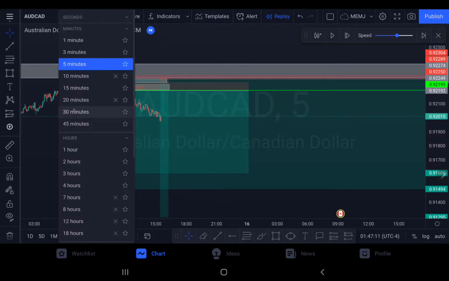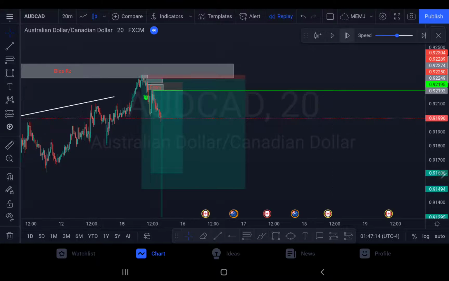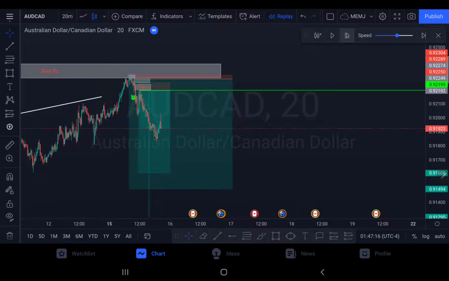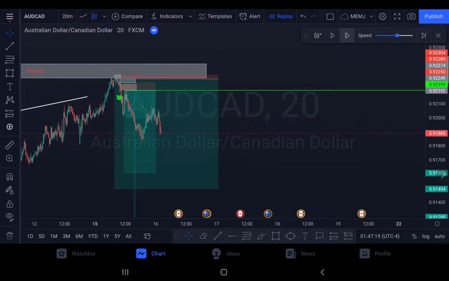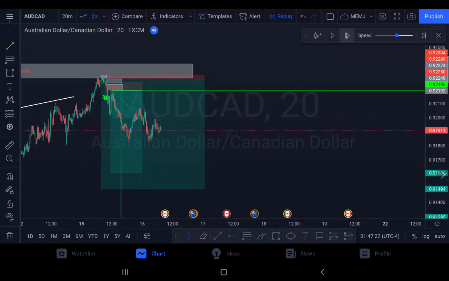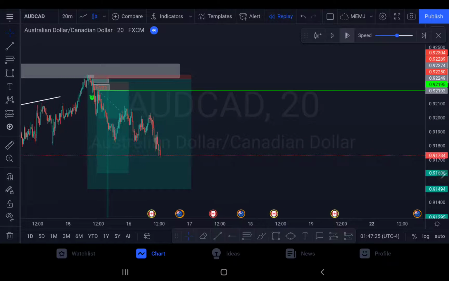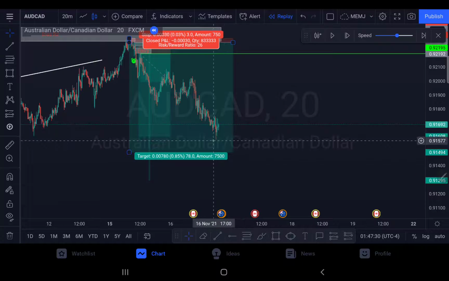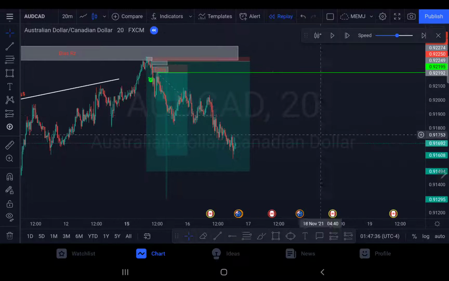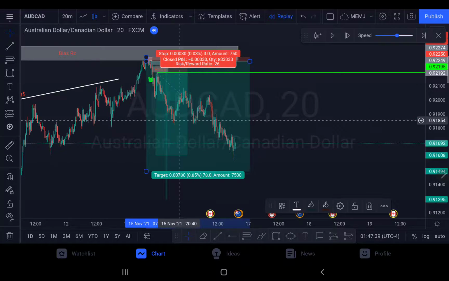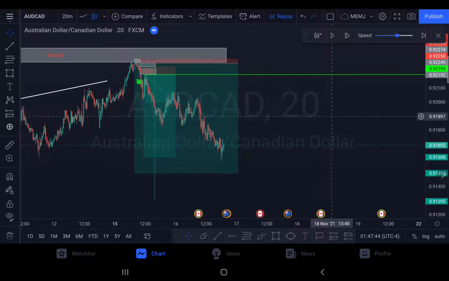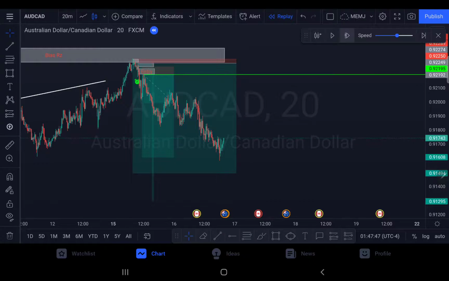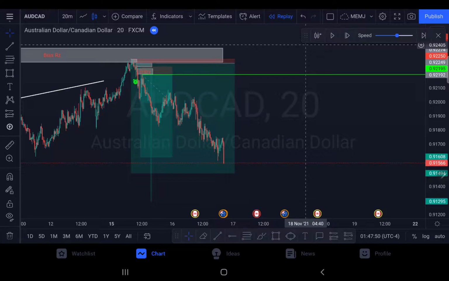Let's jump to the 20 minutes so the time can move a little faster. So it was the 16th, which was the Tuesday afternoon. The third position, which was the 10 risk reward ratio, hit TP. So that's 10 there, with the 2 remaining positions running.